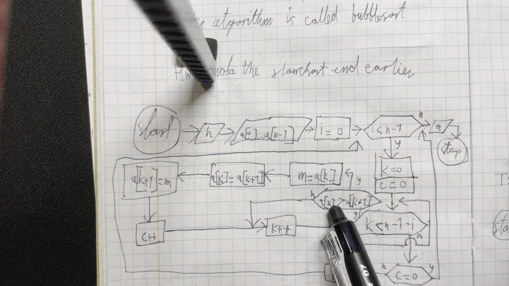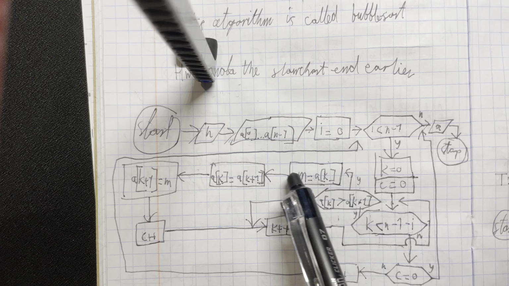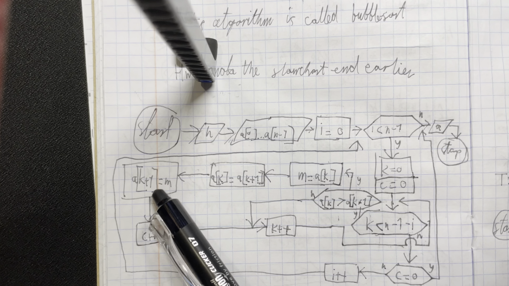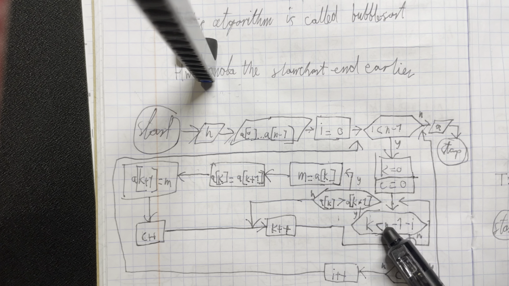And as you could see, here I made that if yes, it goes over the swapping and adds in 1 to C. This is so we know that we swapped a digit. So when this condition is false, we can check if we did any swaps.